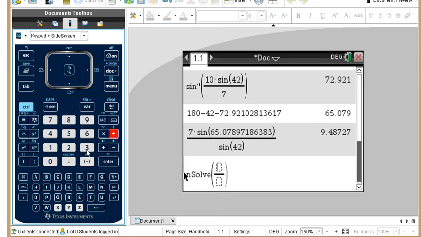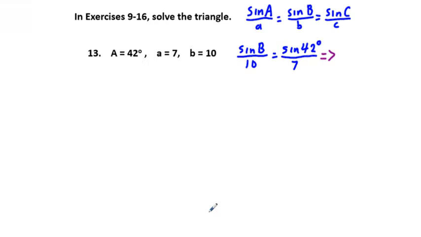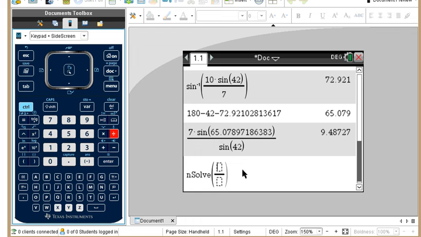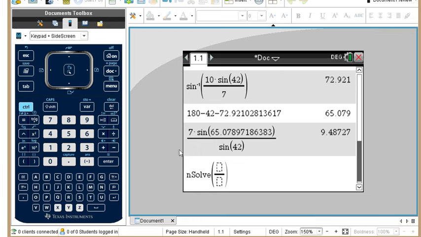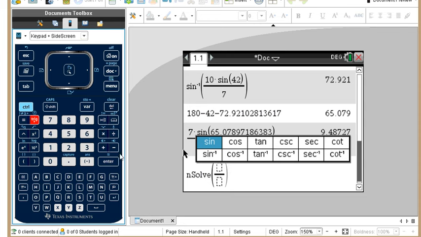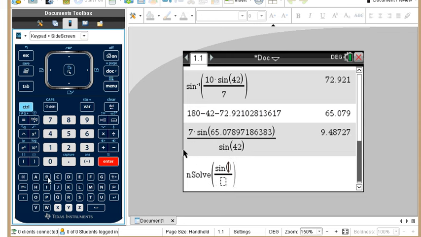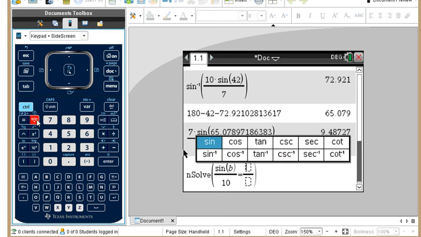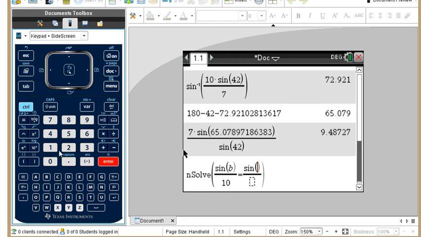Make sure I get this equation right: sine B over 10 equals sine 42 degrees over 7.